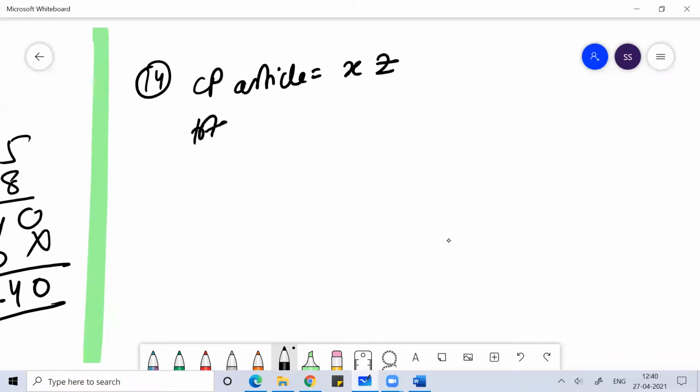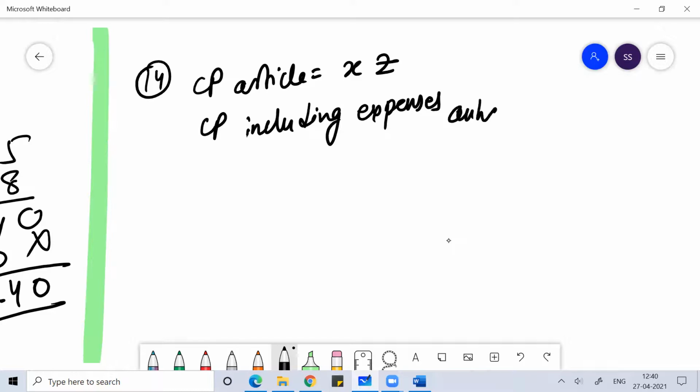So the total cost price including expenses for Ashok will be X plus 110, because he spent some money on that article.